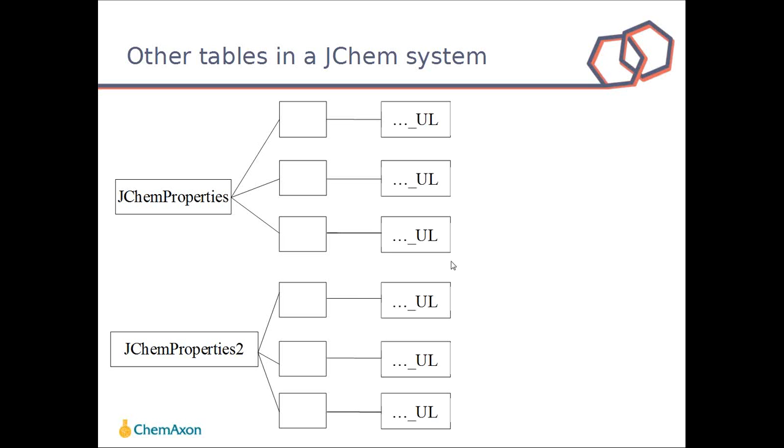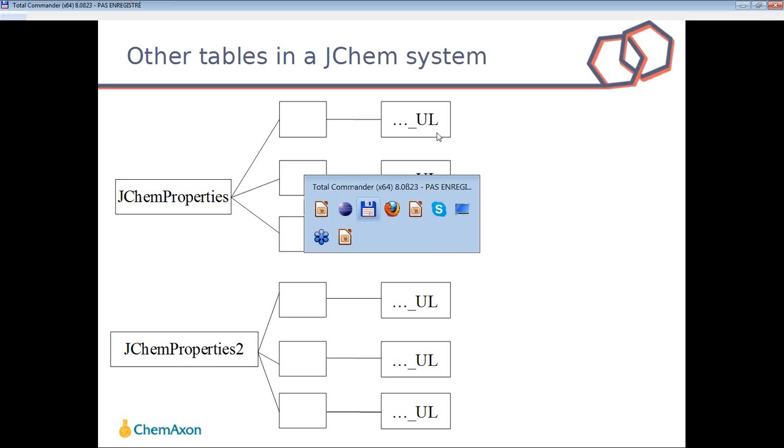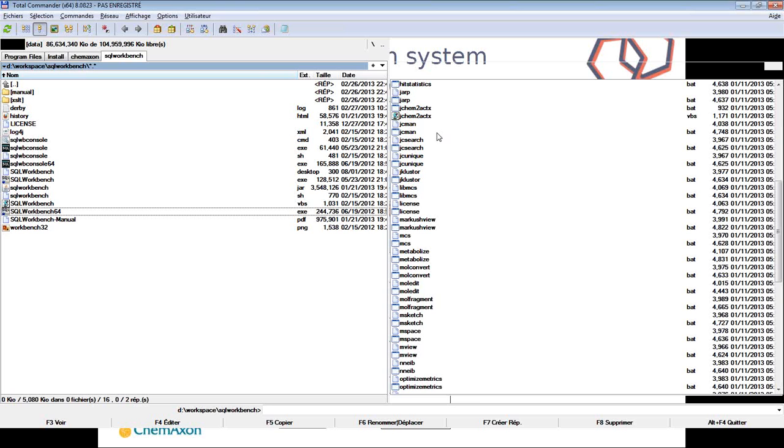Beside the JChem property table, to every table we have an update log table, which is the name of the given table plus underscore UL, which contains information about the modifications on the given table, which is needed during searching later in order to refresh the memory representation of the given table.